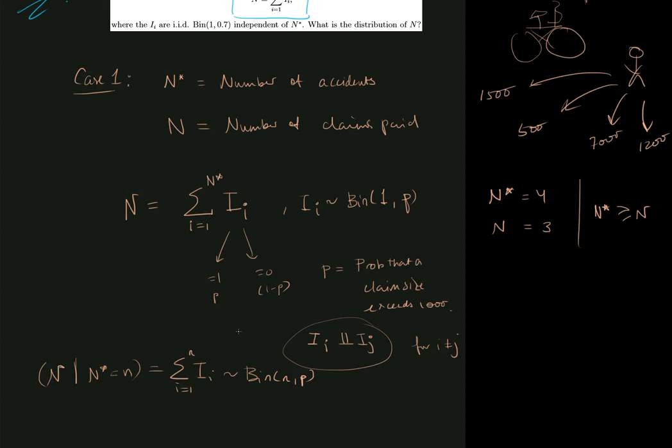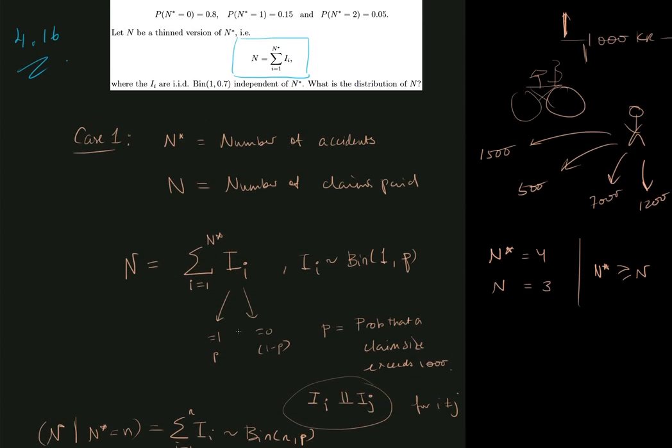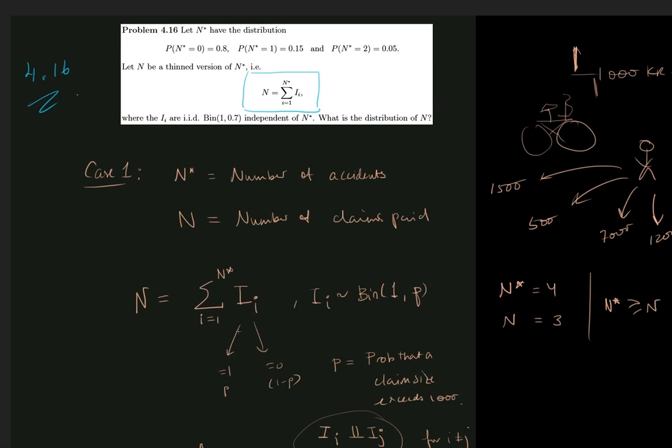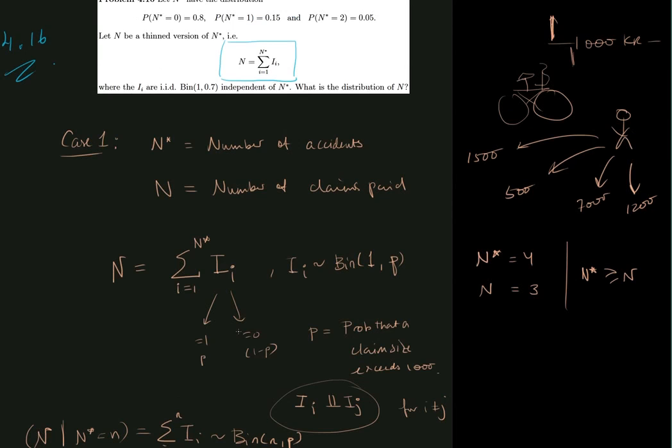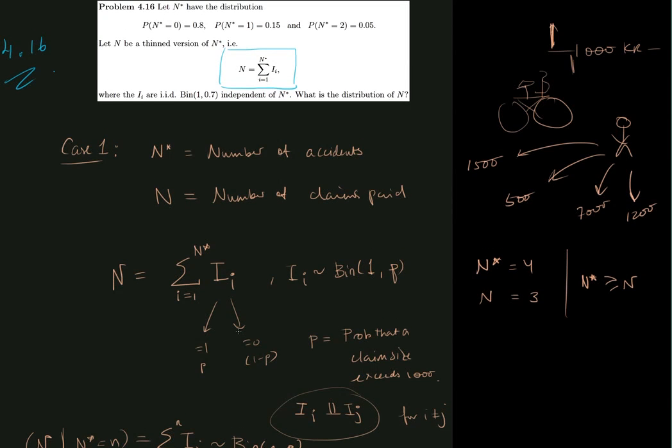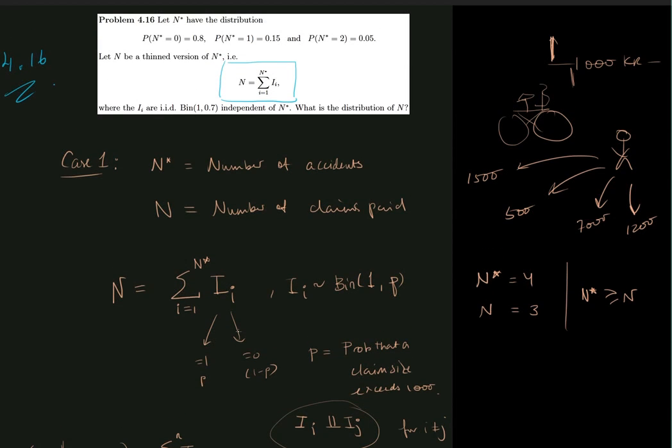We will come back to this a bit more later when I go through the formula that's in the book together with you. But this was just an intuitive understanding of why thinning is the way it is. And in the next video, we will take a look at the formula in the book and try to understand why it works the way it does.